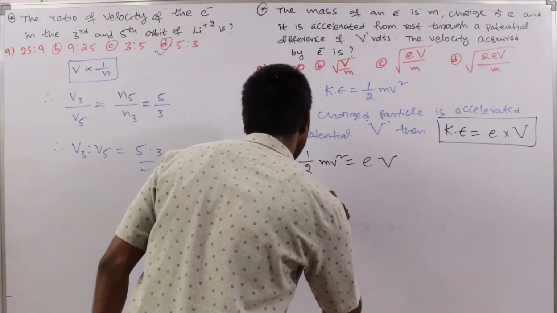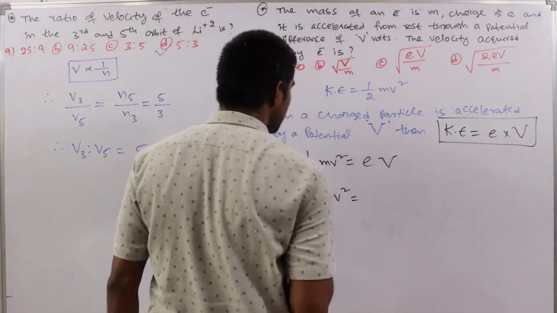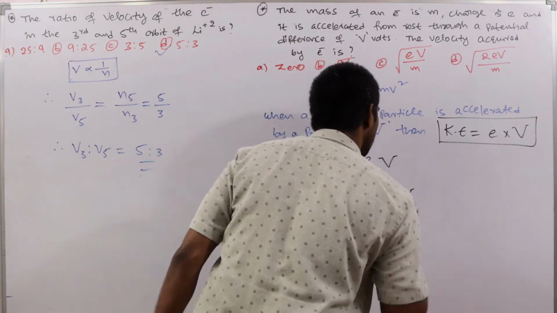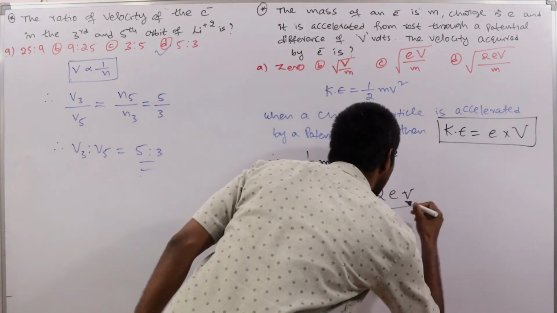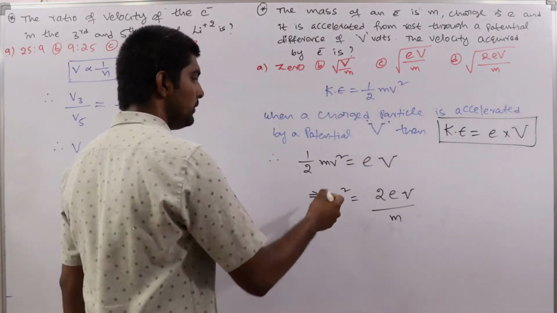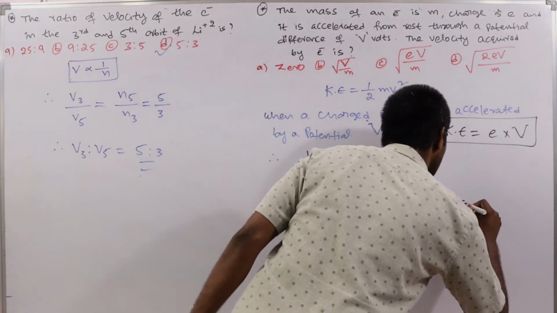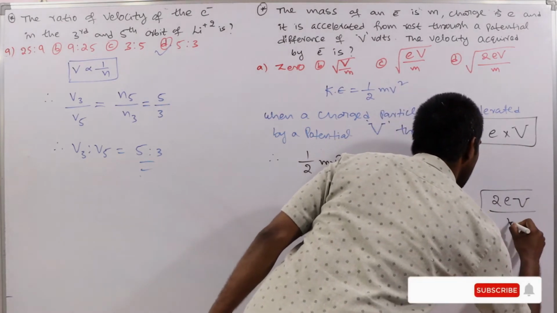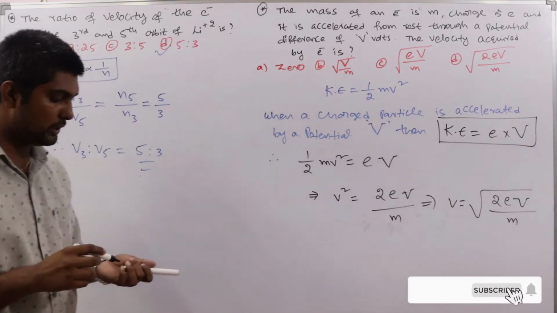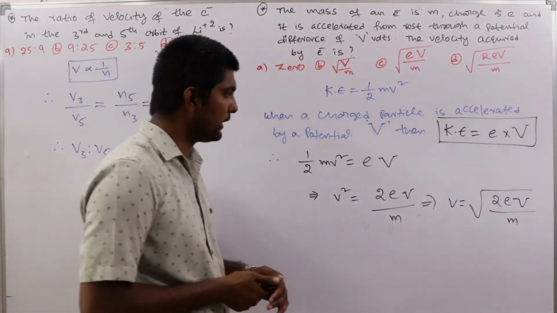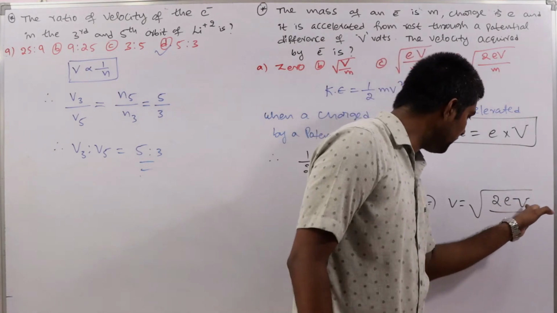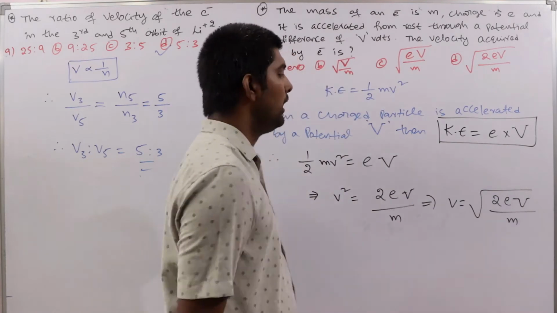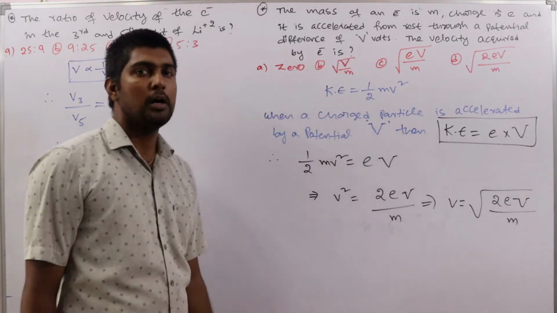From this, if you simplify, v square is equal to 2eV, taking m to the denominator. So v is equal to the square root of 2eV by m. That is the velocity acquired by the electron. e is the charge on that particle, V is the potential, and m is the mass of the particle.